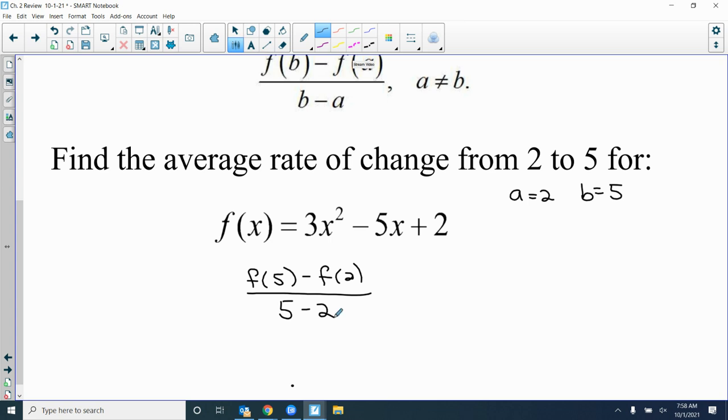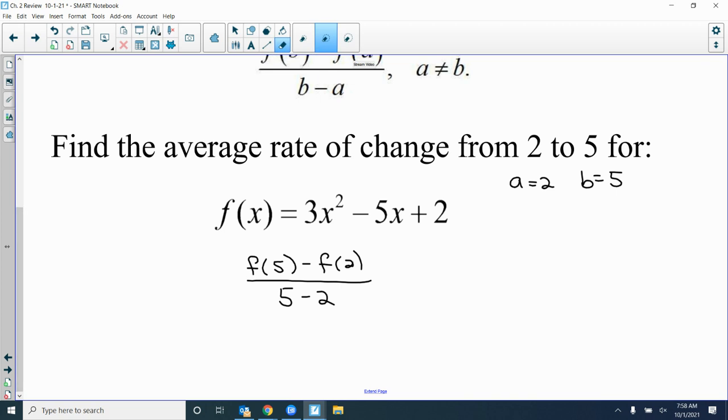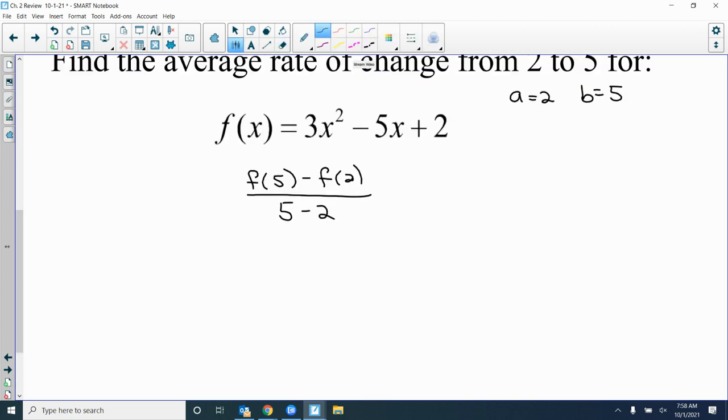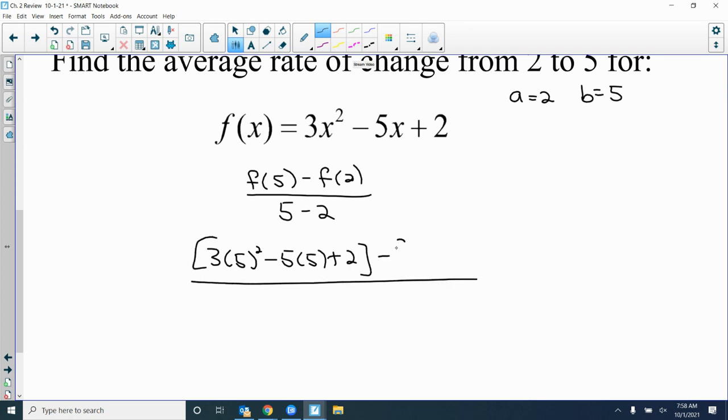So now, f of 5, plug that in. This will be 3 times 5 squared minus 5 times 5 plus 2 minus f of 2, which is 3 times 2 squared minus 5 times 2 plus 2 over 5 minus 2, which will end up giving me 3.